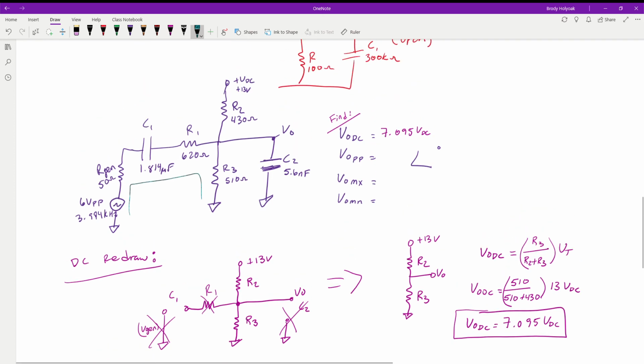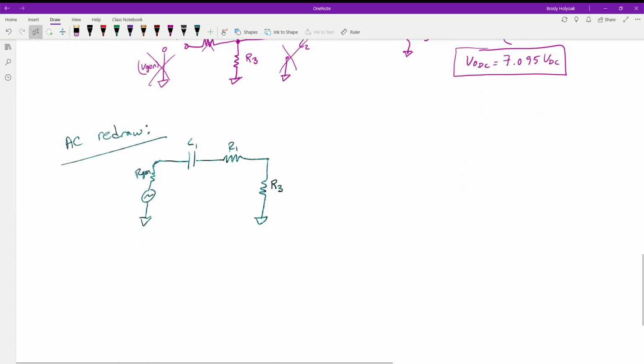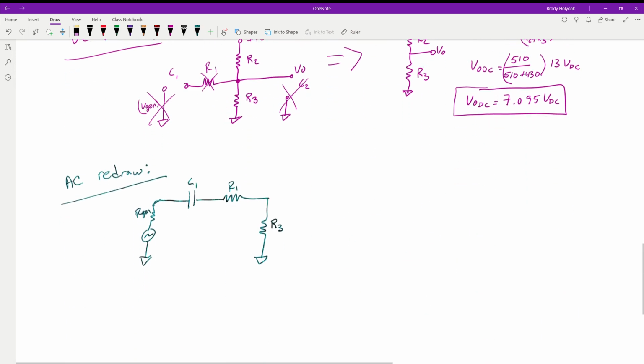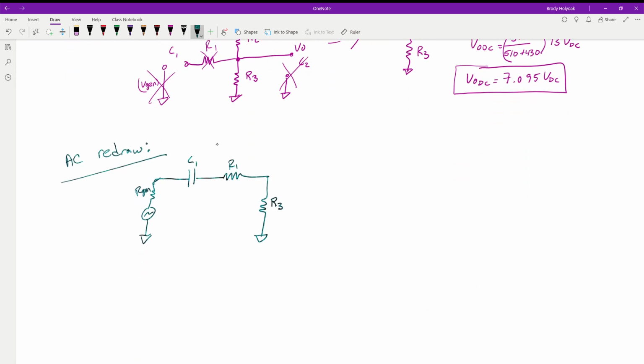Now we have to worry about R2 and C2. If R2 is now connected to ground, then this one can swing down and it's going to be in parallel with the rest of these. I'll show that as we swing it down to make it better.